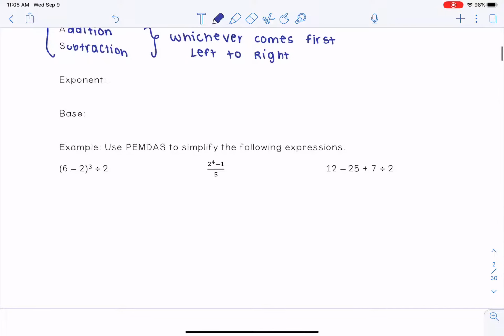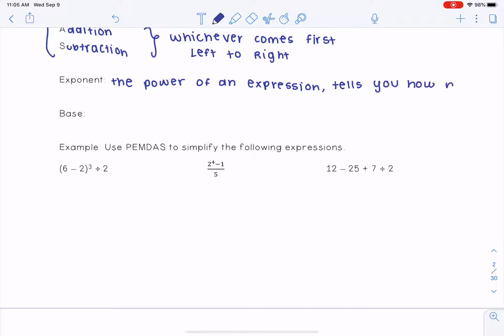So we define an exponent as the power of an expression. And it tells you how many times to multiply the base by itself.